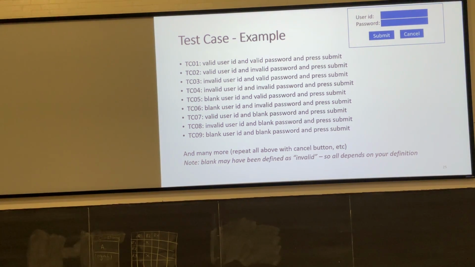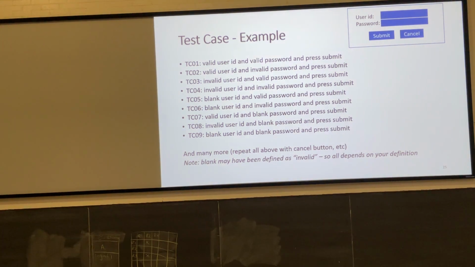But that's not for me to decide. It's based on your definition. What does invalid mean to you? Is it including blanks, or is blank something separate, right? So it depends on your, not even on you, it depends on your customer's requirement. So as you can see, something as simple as a login can have, probably at least 20 test cases.